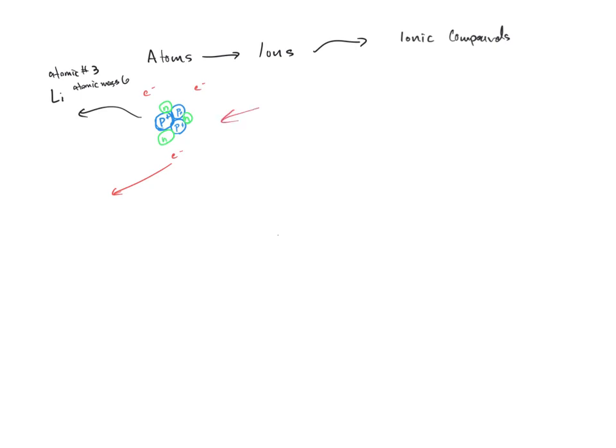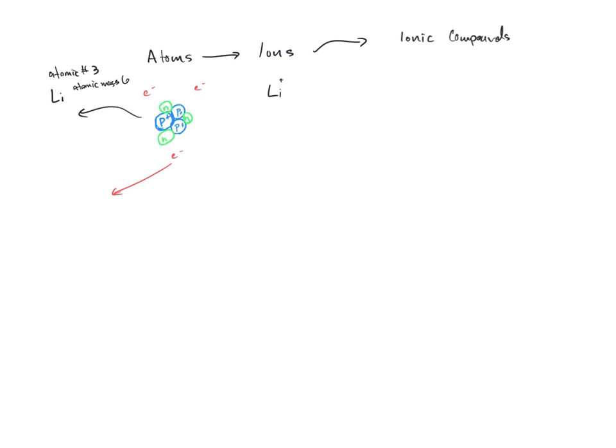So it'd have to grab 7 more electrons to pile those in to make itself feel fully satisfied. So it's going to lose an electron. And that's where lithium goes from being an atom to an ion with a +1 charge.